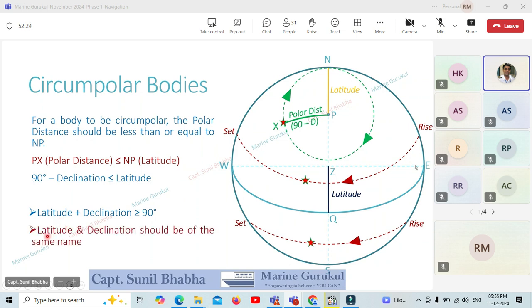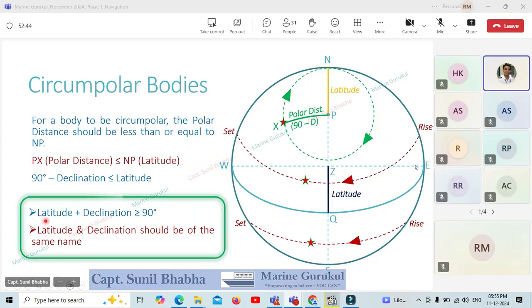The first condition which we saw in the previous slide was that the latitude and declination should be of the same names. The condition which we saw in this diagram is latitude plus declination should be greater than or equal to 90.